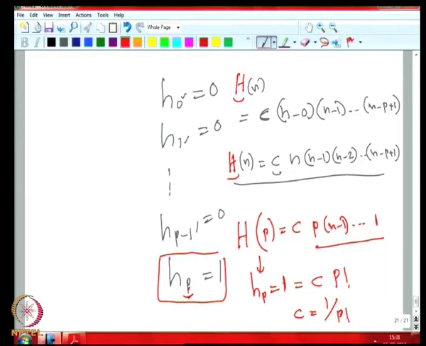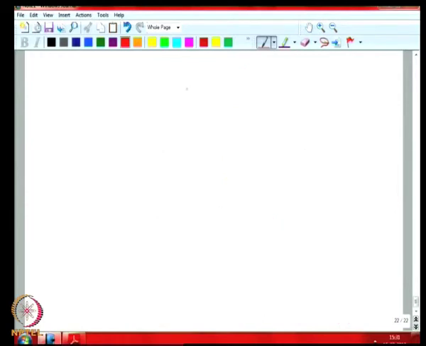So what is our answer? We can substitute this 1 by p factorial here. We will get H of n is equal to 1 by p factorial into n into n minus 1 into up to n minus p plus 1. This is very familiar to us.